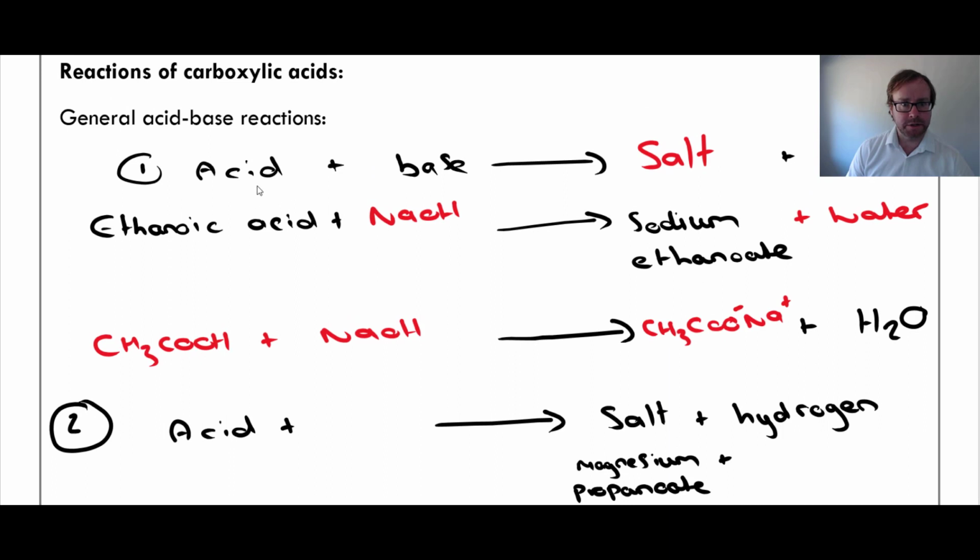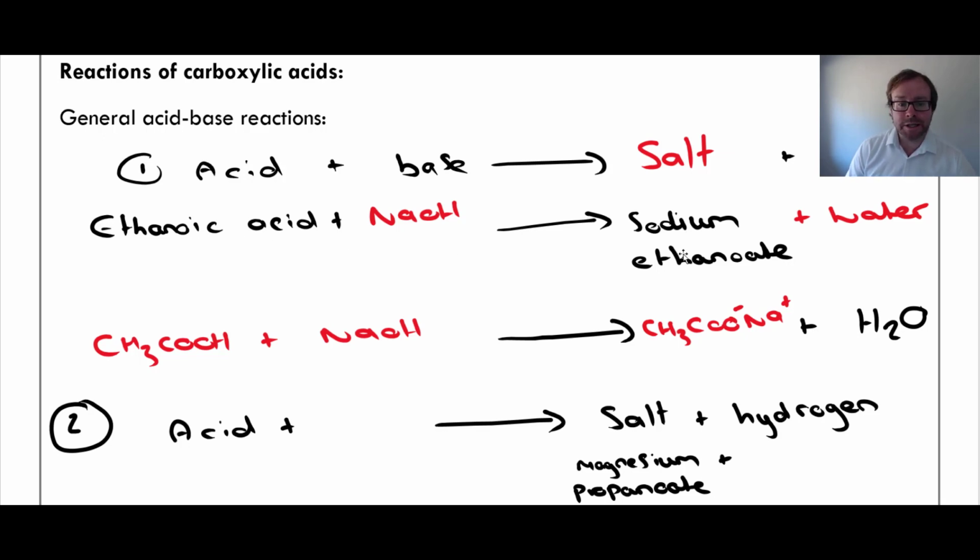Okay, sure you figured this out. So acid plus base makes a salt plus water. My acid is ethanoic acid. My salt is sodium ethanoate. Remember the definition of a salt is when a H plus of an acid, so it's my ethanoic acid here, is replaced by a metal ion, so my sodium ion, or an ammonium ion. Yep.